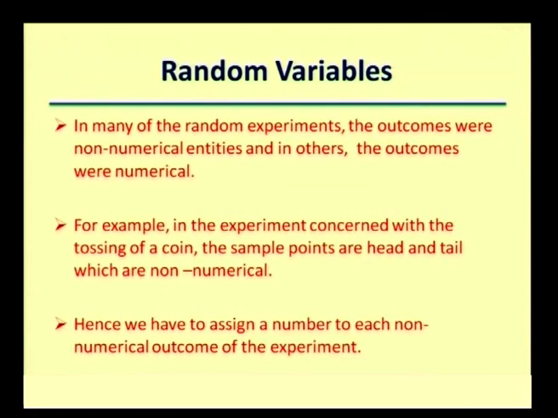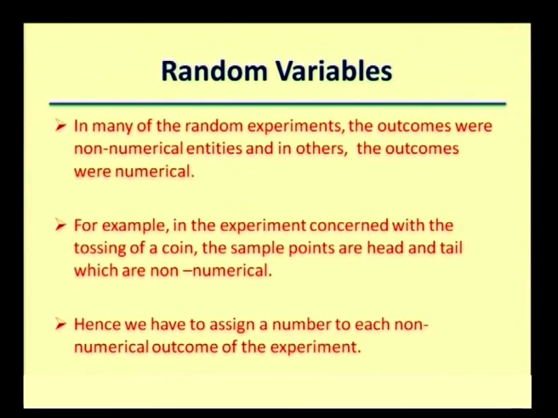of random variable. So basically, what is called a random variable? In many random experiments, sometimes the outcomes are non-numerical, sometimes the outcomes are numerical. If the outcome is numerical, it is well and good, we can proceed further with the numbers.